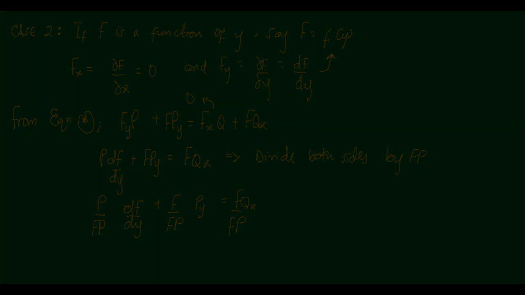So by simplifying this and cancelling out the necessary fractions, we have that 1 over f df dy plus p subscript y divided by p must be equal to q subscript x divided by p.